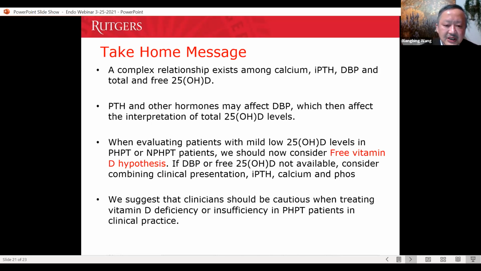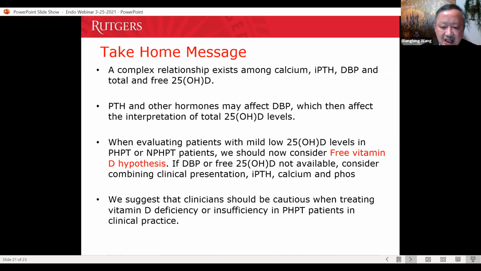But I know most labs in hospitals or universities cannot assay D binding protein or free vitamin D. So in that situation, you may need to consider the clinical presentation, PTH, and calcium as a whole.